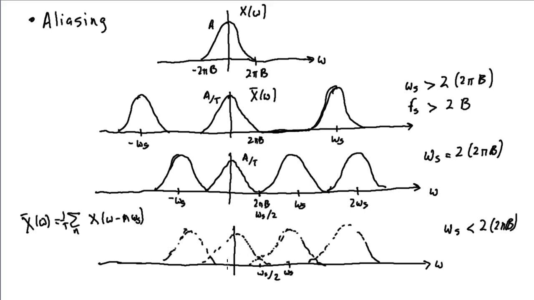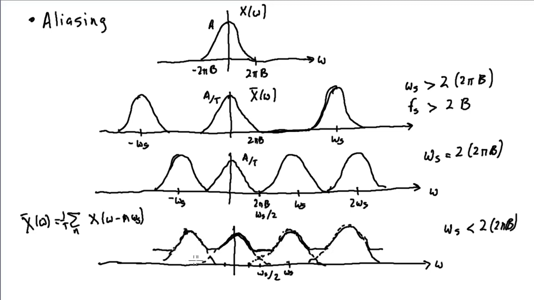Now there's an interval here where I'm just seeing a portion of one spectrum, and so in the sum, that's the only term that would contribute. But there's a region here around omega s over 2 where I have to sum two adjacent replicas. Okay. So the sum of all of these is going to look something like this. Again, this continues out to infinity in both directions. Okay.